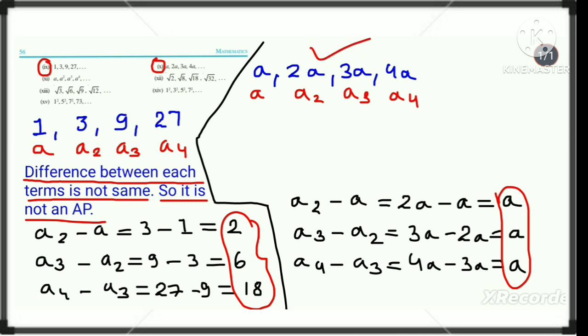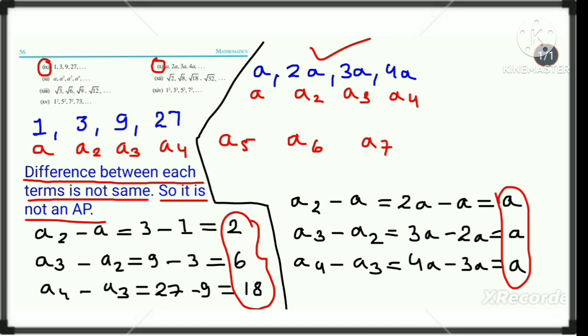Now according to this question we need to write its 3 more terms, that is the fifth, sixth and seventh term. For that we simply add the common difference to consecutive terms.